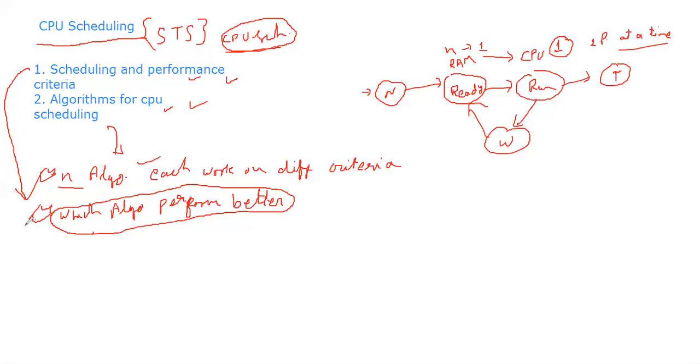So there are n different ways to do that. The first and simplest, which is used, is first come first serve. The person who comes to the queue first, he or she will get the ticket first.